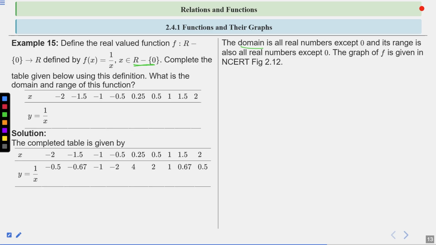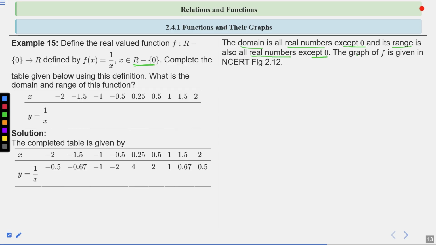I cannot give 0 as my input value, because if you give 0 as input, then what will be your output? 1 by 0, which is not defined. Clear? So all real numbers except 0 will be my domain set. Now what about the range set? The range set is also the set of all real numbers except 0, the same as the domain.